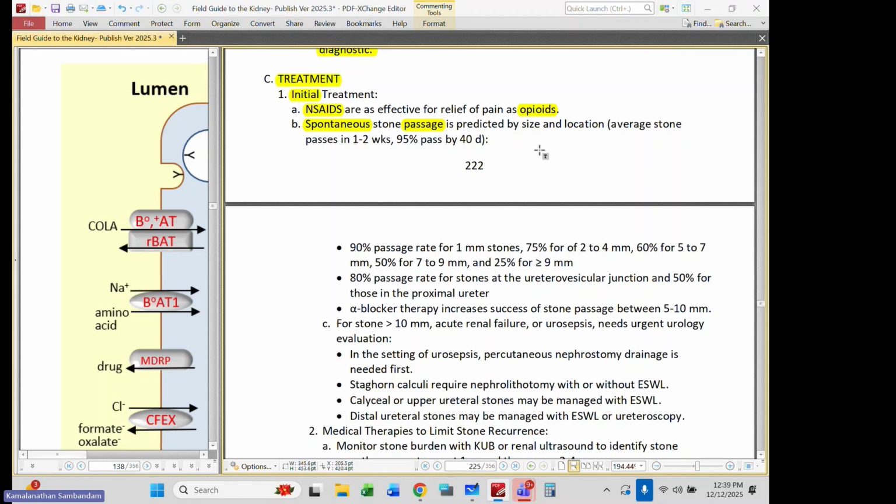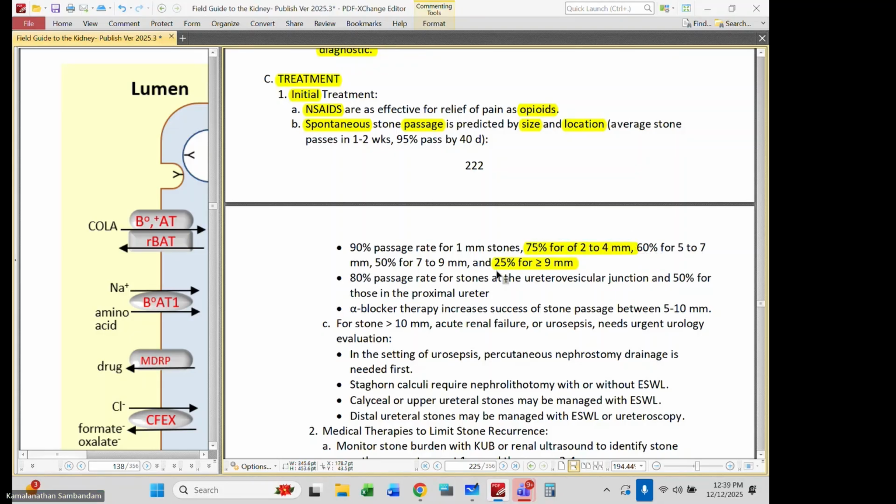So size and location along the ureter are the main factors in predicting the likelihood of stone passage. Once you get to a centimeter stone, the likelihood of passage is significantly low. But once you're in this less than 5 millimeter range, you're having pretty reasonable rates of stone passage.